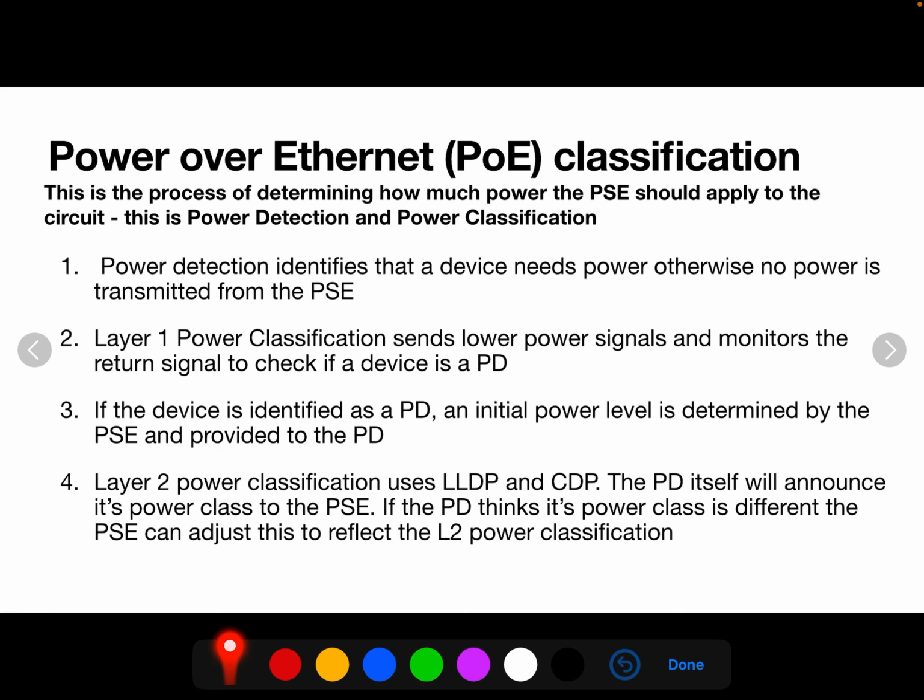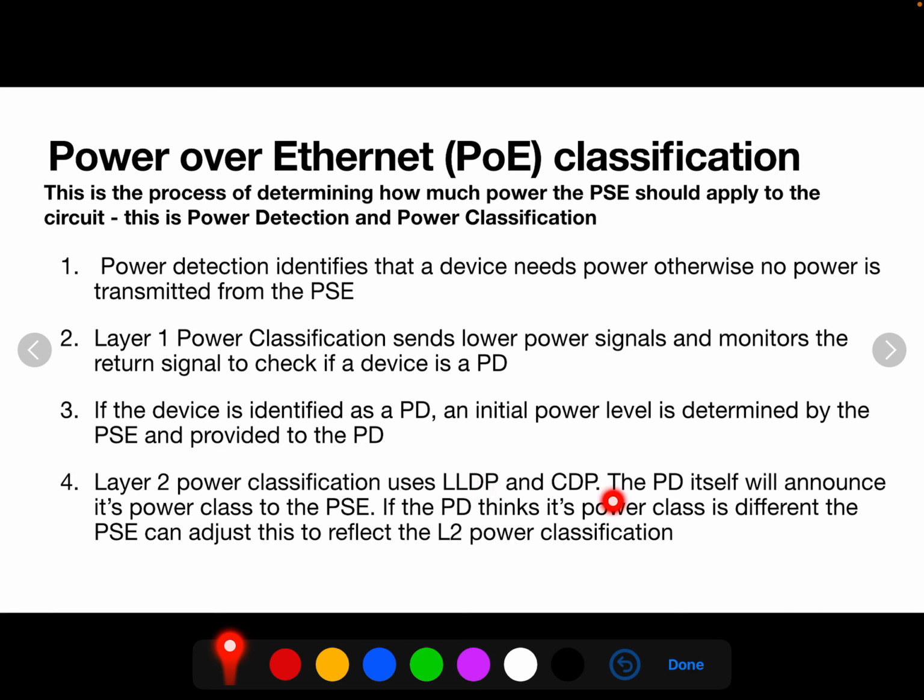Then the layer 2 power classification process happens, and this is where the power that's being transmitted can be corrected, if it was not correct to begin with. So we use Link Layer Discovery Protocol, LLDP. It's the open standard version of CDP, which is Cisco Discovery Protocol.